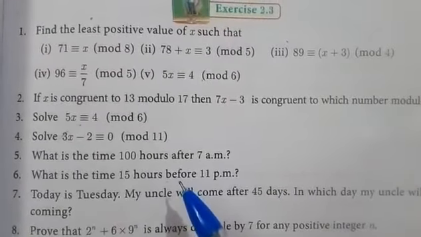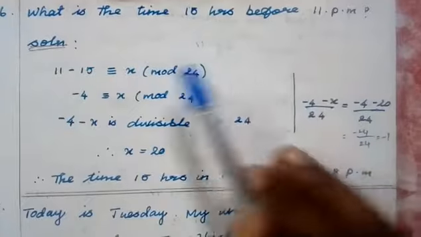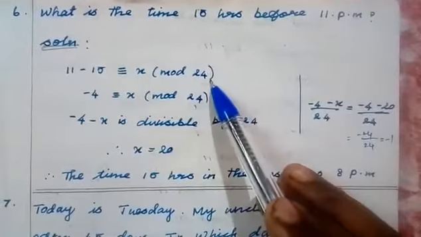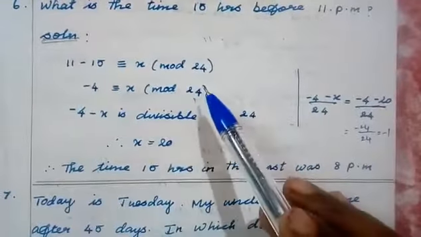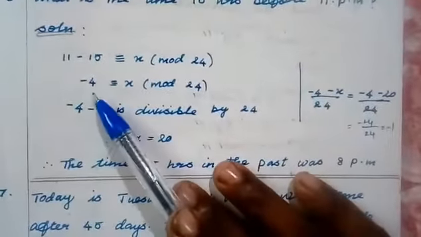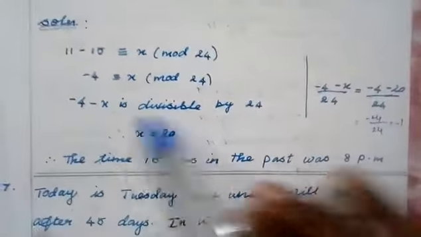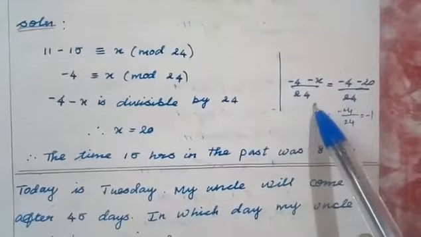One day equals 24 hours. 11 minus 15 is minus 4, congruent to x modulo 24. By the definition, minus 4 minus x is divisible by 24. That is, on the side you write minus 4 minus x by 24.